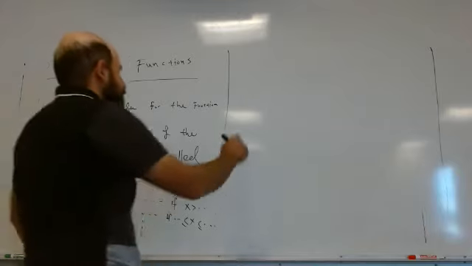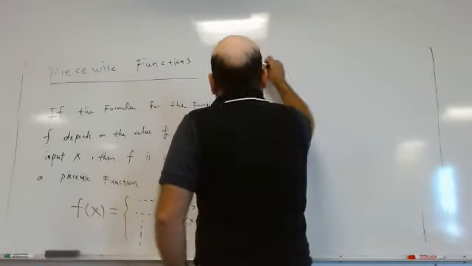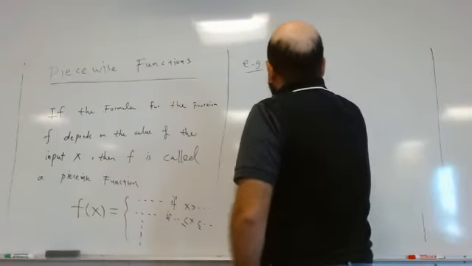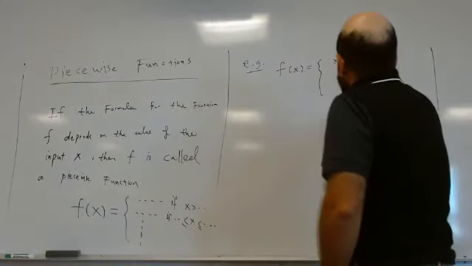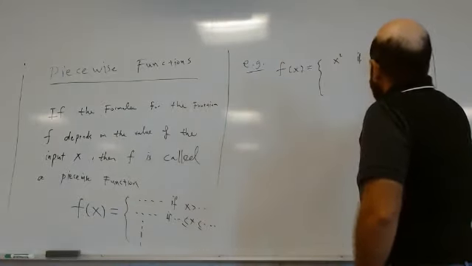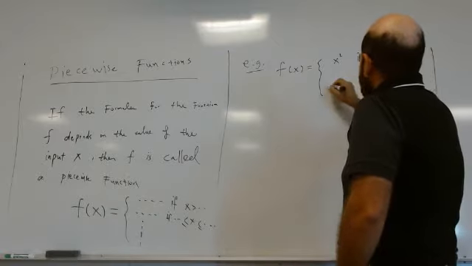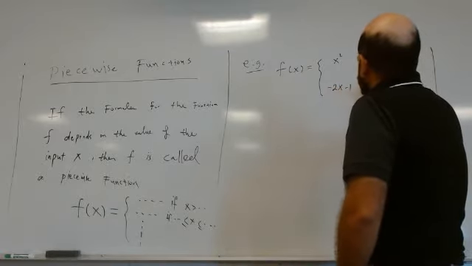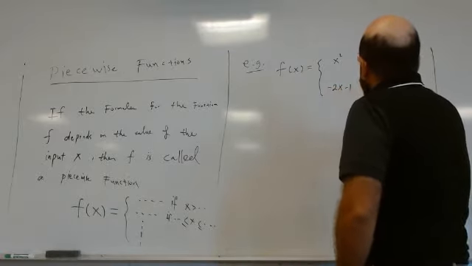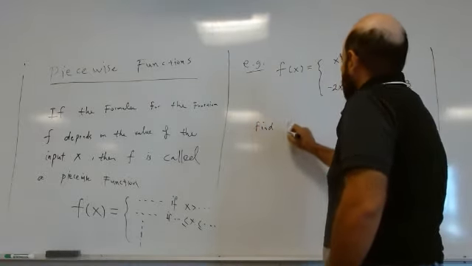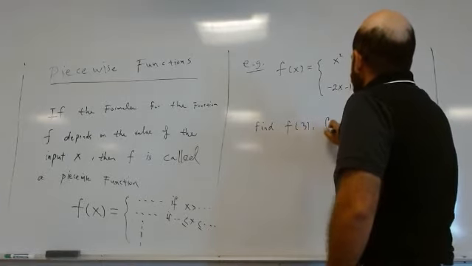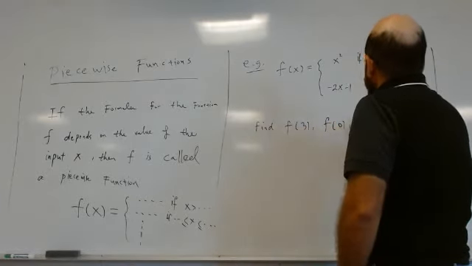For example, let's say f of x equals x squared if x is bigger than or equal to 3, and minus 2x minus 1 if x is less than 3. Find f of 3, f of 0, f of 5.